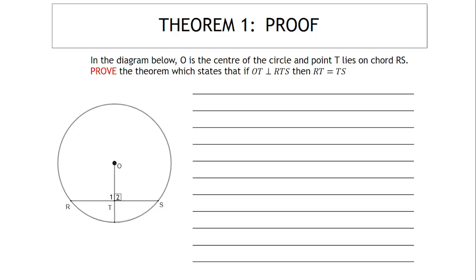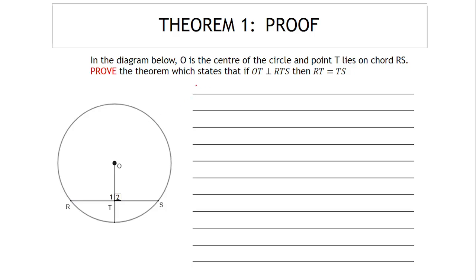You can use length formula, congruency, similarity, interior angles of a triangle, with construction, to be able to prove a theorem that they've asked you to prove. Luckily for you, we give you a set way to prove these things. So you only have to learn to understand how to prove them, and then you can move on. You don't have to physically go and find your own way to prove it.